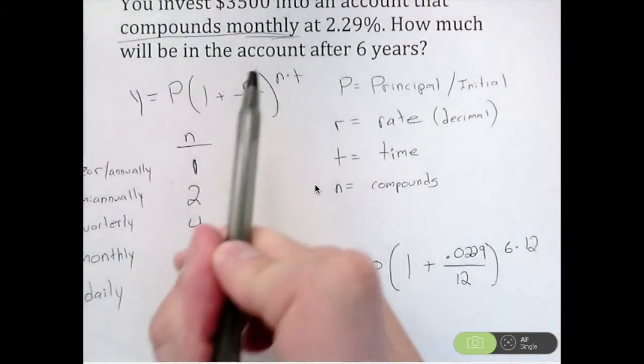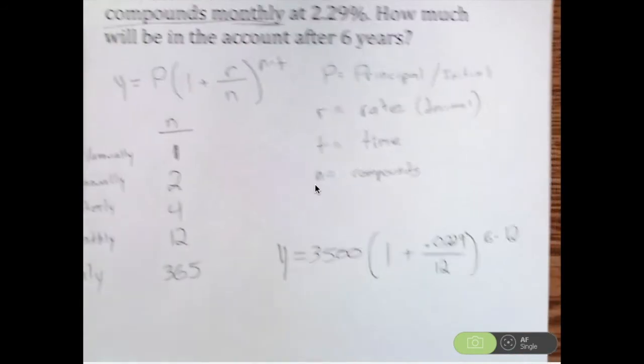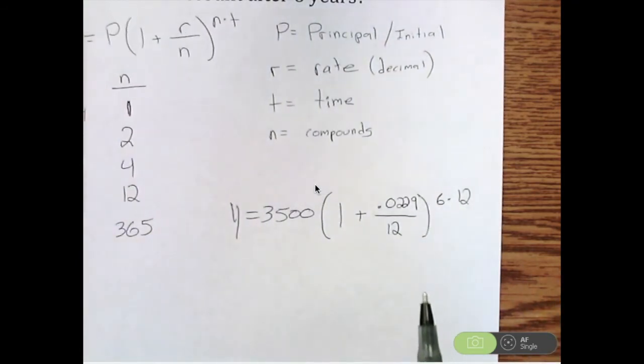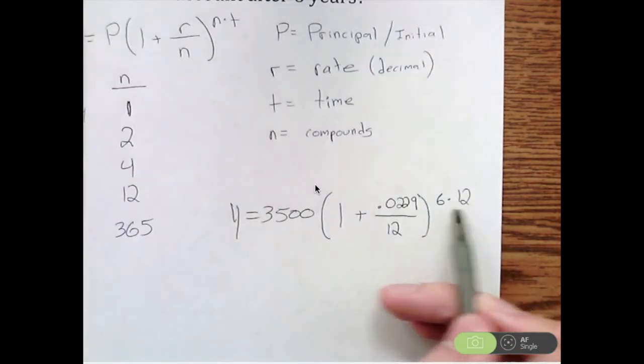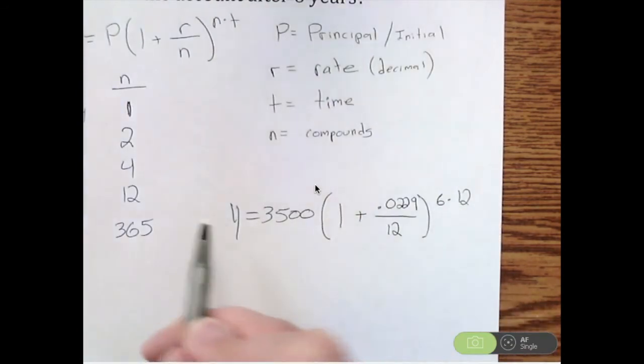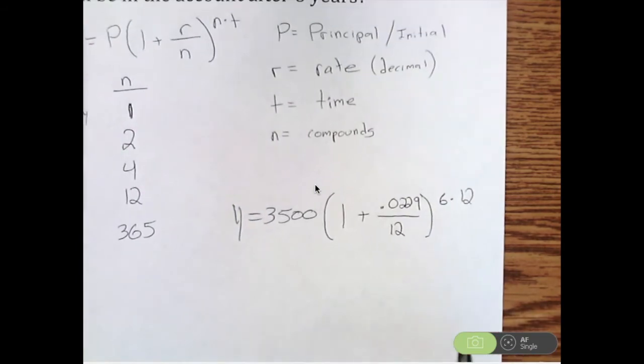Notice how there's also an N up in the exponent. So what I have to do is, I could plug this into a calculator, plug and chug it all out. One thing I would do to help you just a little bit is figure out what this exponent is. Instead of typing in 6 times 12 in a calculator, let's figure out what that is.